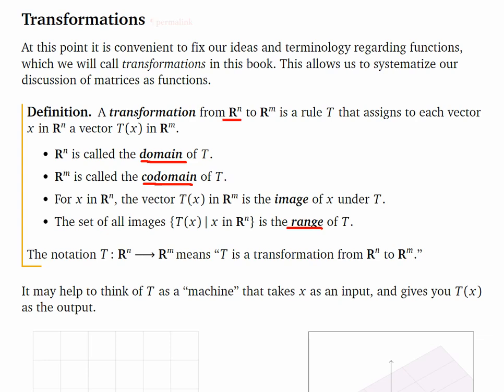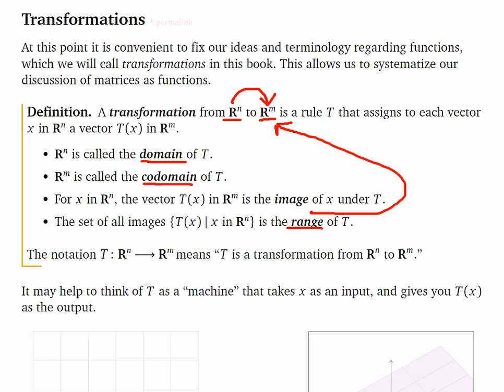And the range where the vectors that get transformed lives in Rm, but it may not be all of Rm, right? So this matrix maps from Rn to Rm, and the range will be in here, but it's not necessarily all of Rm.